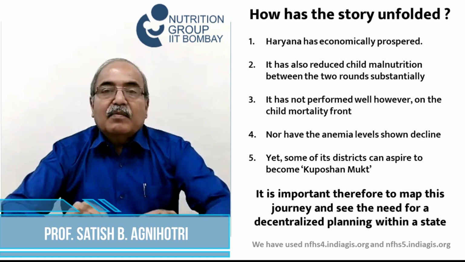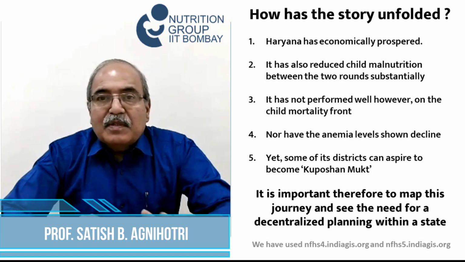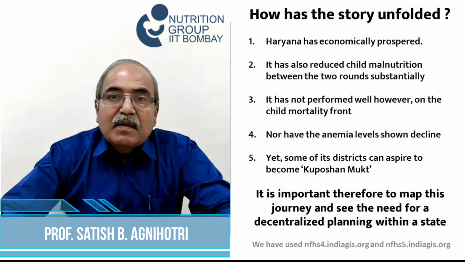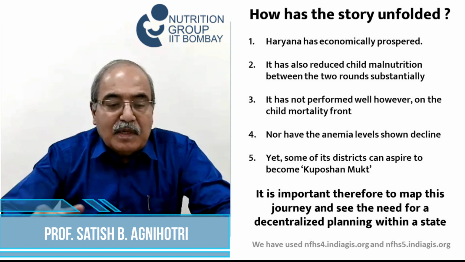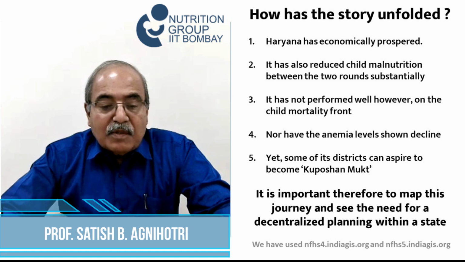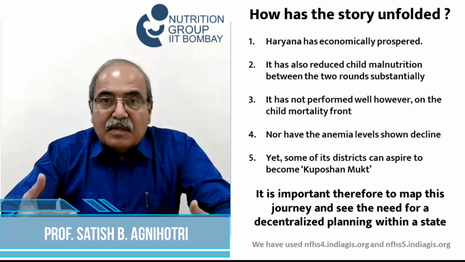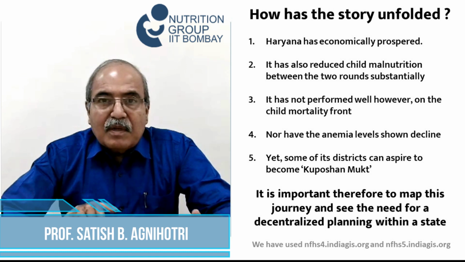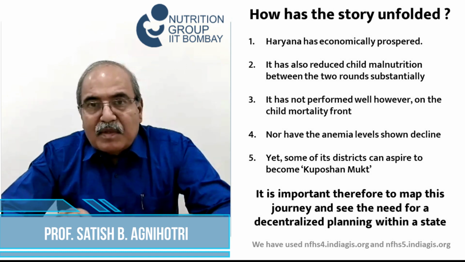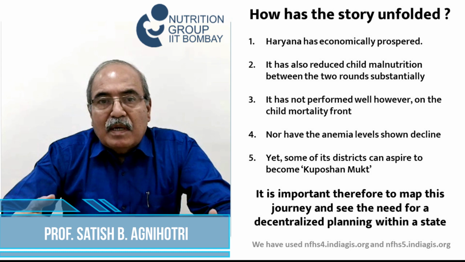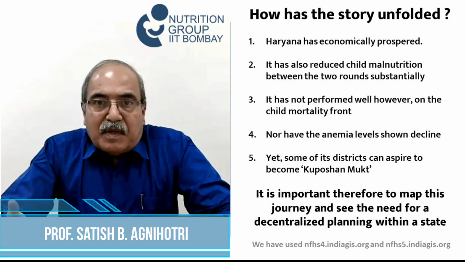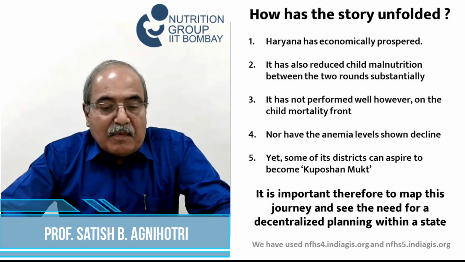When we say this, we are looking at essentially wasting and underweight, because getting rid of stunting is usually a longer haul. So it is important, therefore, to map this journey district-wise. That will emphasize once again the need for district-specific or region-specific planning.